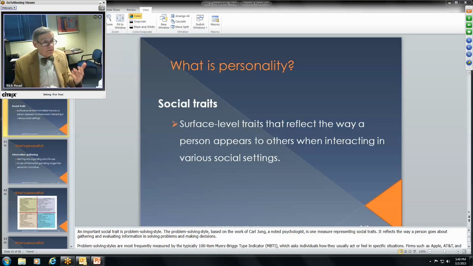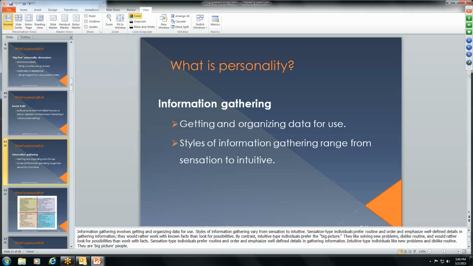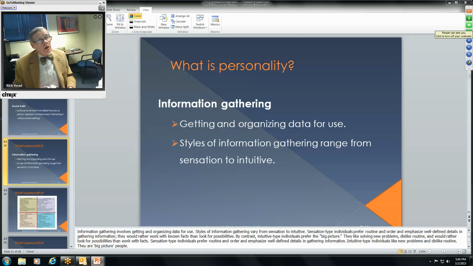Information gathering is just exactly what it says. And part of what we're going to talk about here gets us into what is known as the Myers-Briggs test, which some of you may be familiar with. Some people gather information from the outside environment, and others gather information from within.